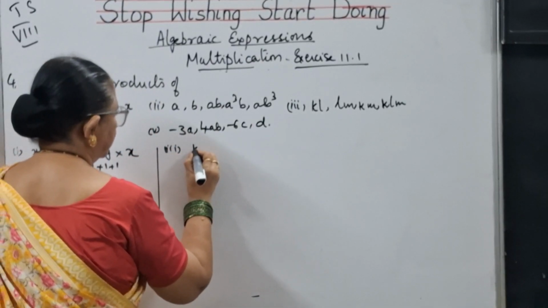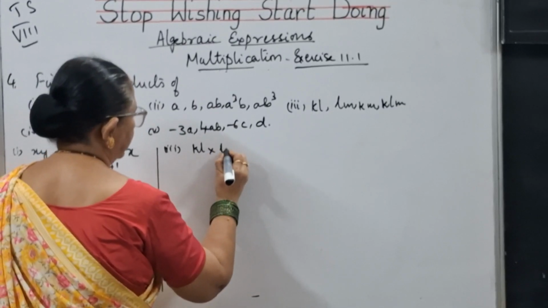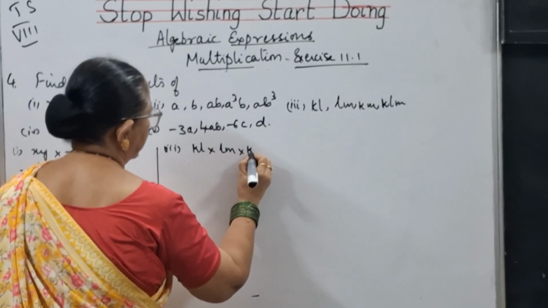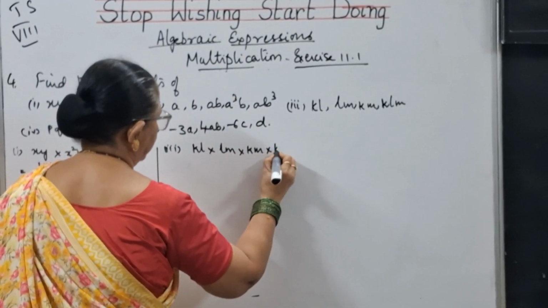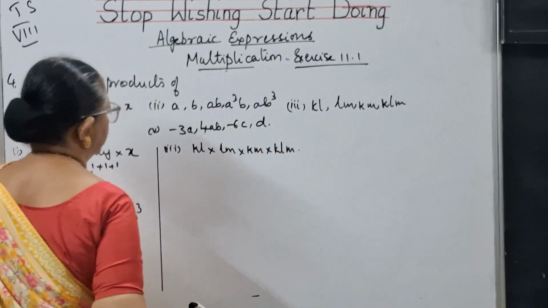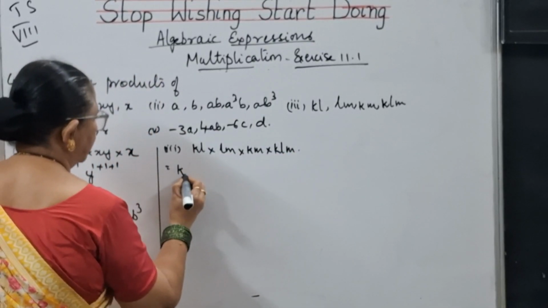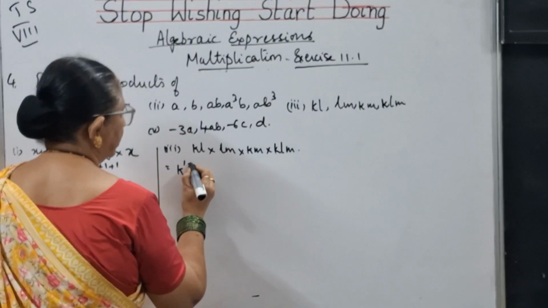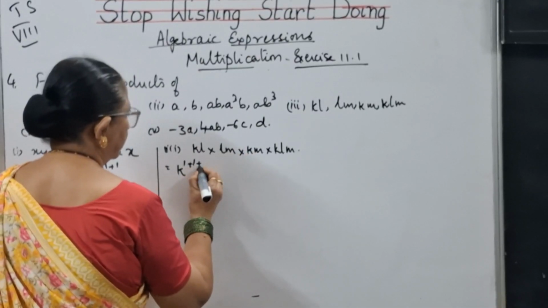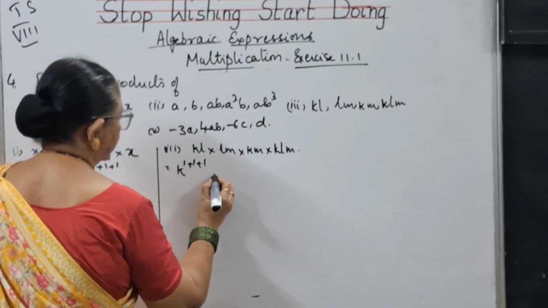What is the third one? kl into lm into km into klm. So this is equal to k: it has power 1 here, power 1 here, power 1 here.